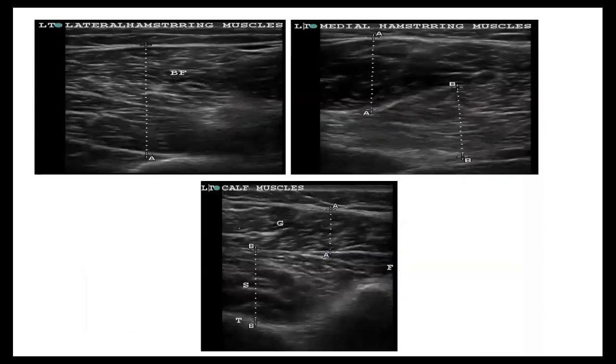This would be the sonoanatomic picture. In the first figure on the left, let us identify the bone, the hyperechoic line with anechoic shadow, that would be the femoral shaft. Above that is the lateral hamstring. The next picture shows the sonoanatomic picture of the medial and lateral hamstrings, the semimembranosus and the semitendinosus.